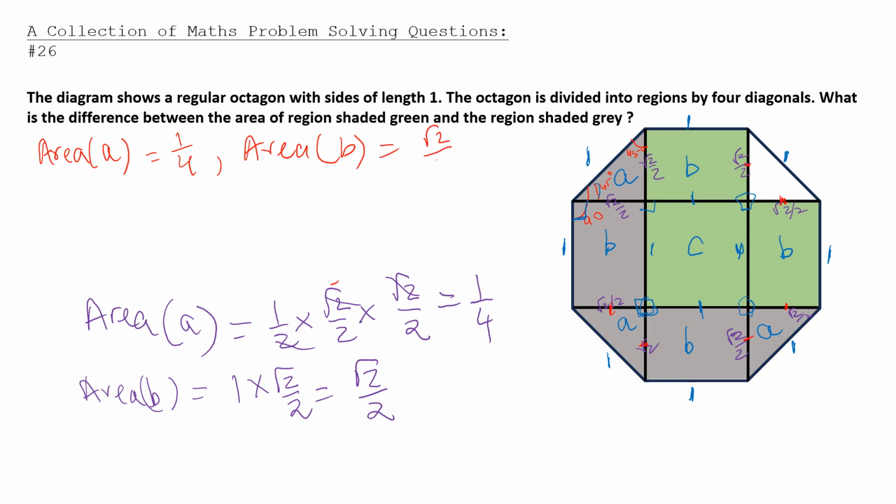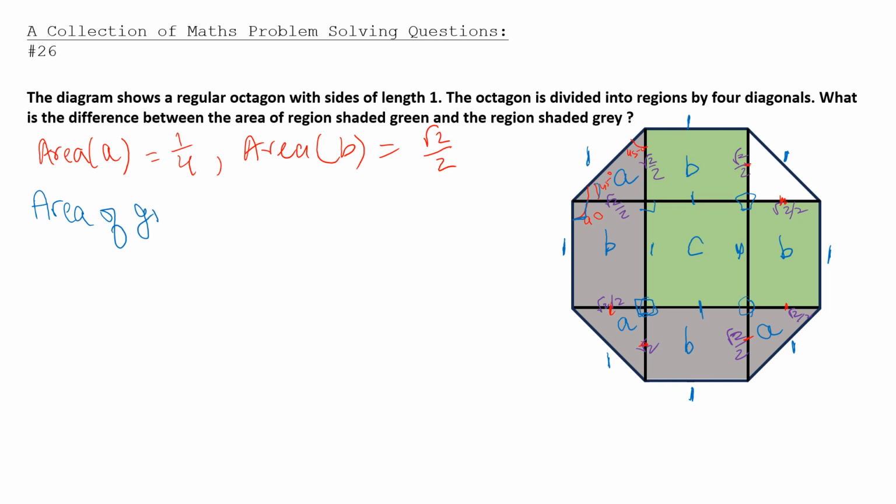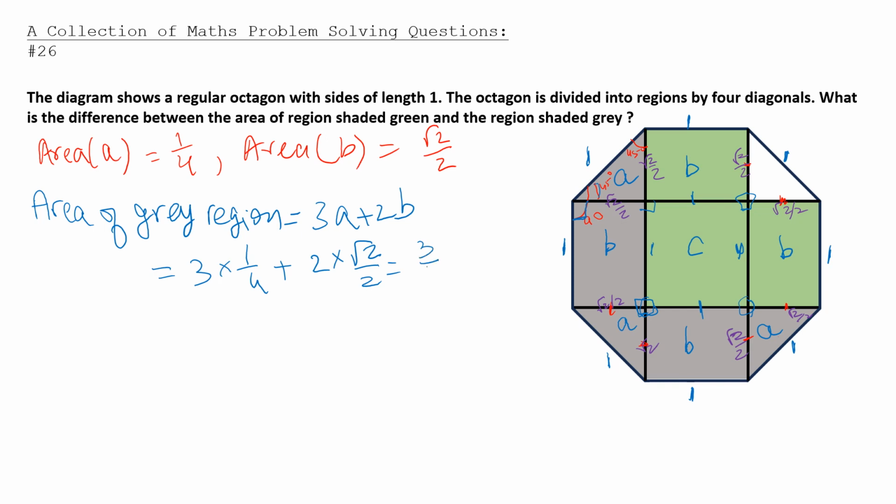Once I do that, then all I'm going to write is, what is the area of the gray region? Area of gray region equals 3A plus 2B. That is 3 times 1 out of 4 plus 2 times root 2 out of 2, and that is 3 out of 4 plus root 2. That is the area of the gray region.